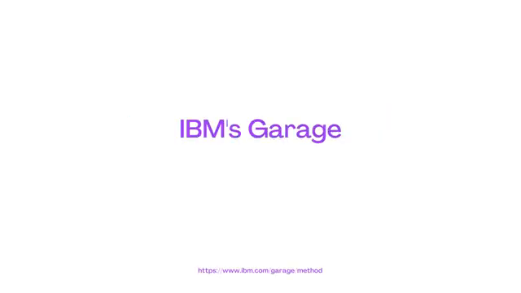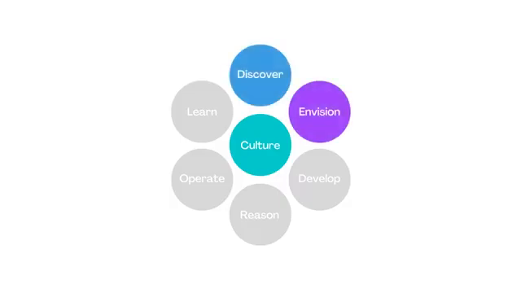IBM has its own unique methodology that looks like this: culture, discover, envision, develop, reason, operate, and learn. Again, it's a similar process to the design thinking process. There's clear overlap in the way the processes help us solve problems.